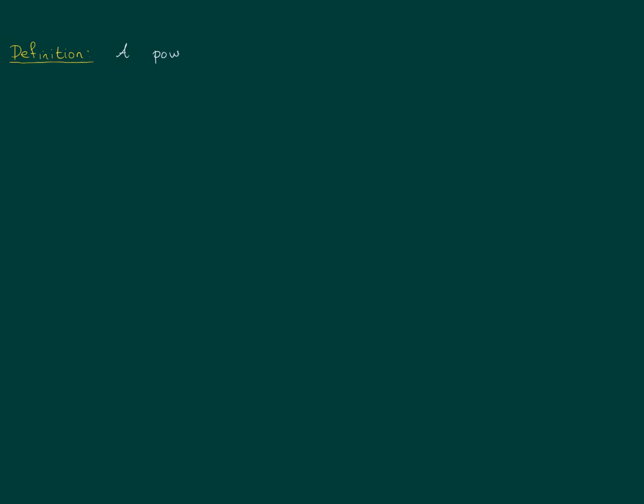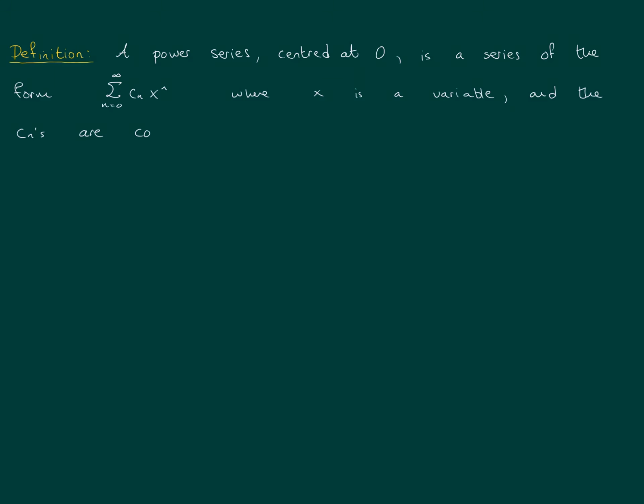A power series centered at 0, and this will become relevant later, is a series of the form the sum from n equals 0 to infinity of c_n x to the n, where x is a variable and the c_n's are constants called the coefficients of the series.